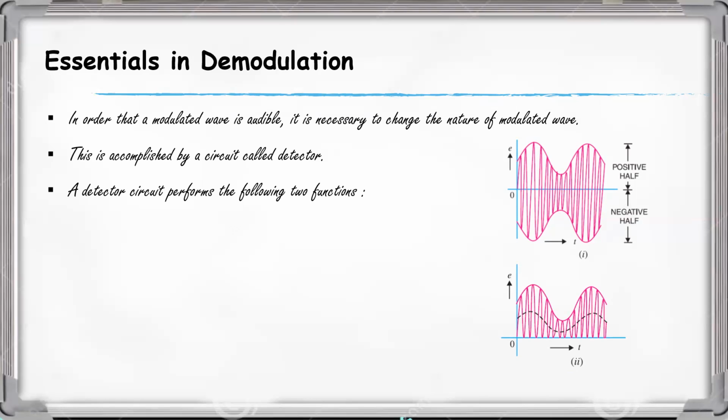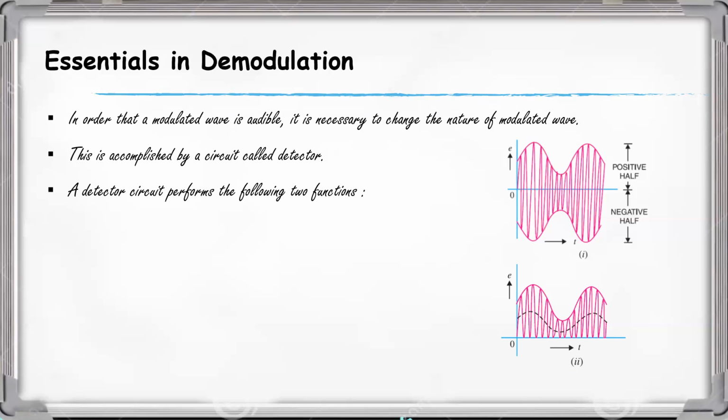Look at figure number 2. It contains only the positive half cycle, and in this positive half cycle the carrier frequency and also the audio frequency are available. We know that the carrier frequency is very high when compared with our modulating signal or the audio signal.